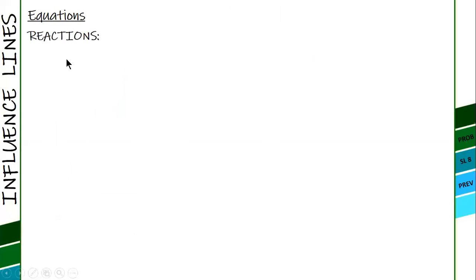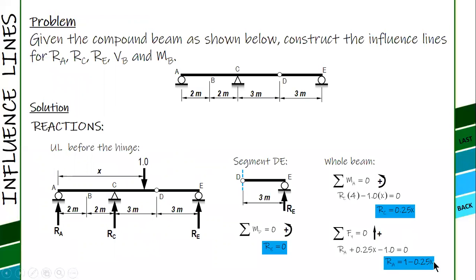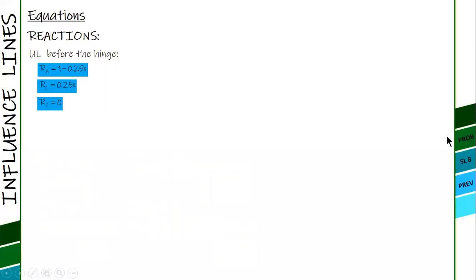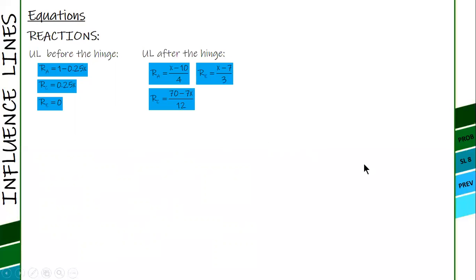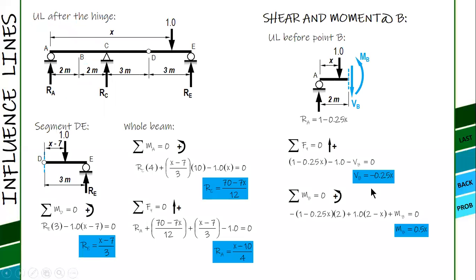So let's recall, for reactions, two cases: unit load before the hinge, and then unit load after the hinge. These are the equations before the hinge. Let's check: RA, RC. Then unit load after the hinge, those are the three: RA, RC, RE.